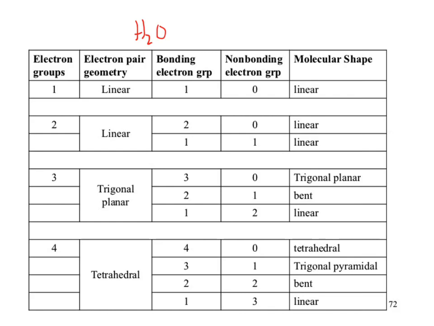Hydrogen can't be the center atom because it can't bridge, so oxygen is my center atom. I will scatter the hydrogens wherever I feel like around the oxygen. I will now place my 8 electrons into my structure, starting with the oxygen because the oxygen is more electronegative. Anywhere I have a pair of electrons between atoms, I will convert them into a line, and I now have the Lewis structure for water.